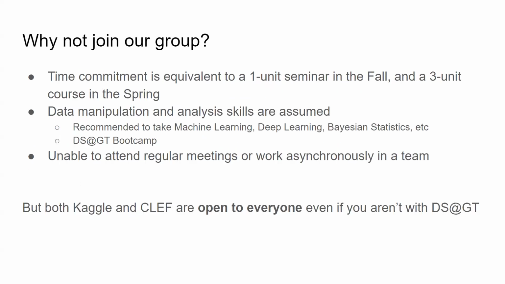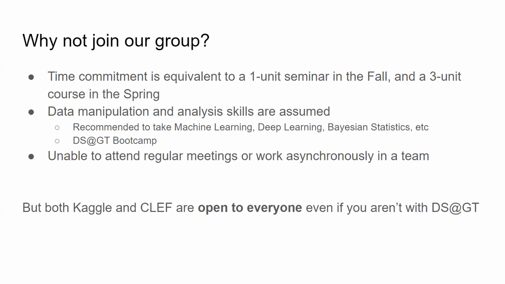And there might be reasons why you shouldn't join our group, right? The biggest thing is that time commitment is something that people tend to underestimate. You can think about the time commitment here in the fall as kind of like a seminar.